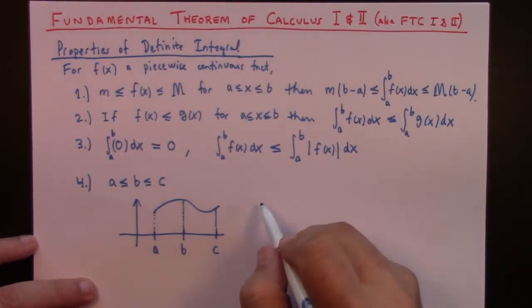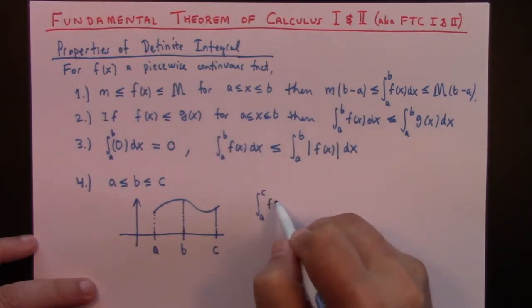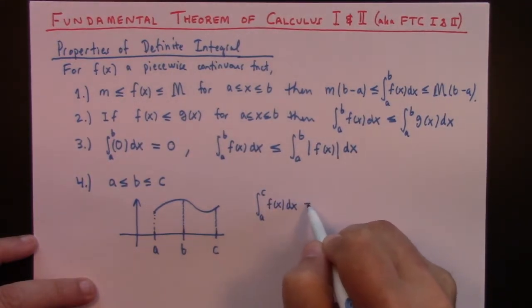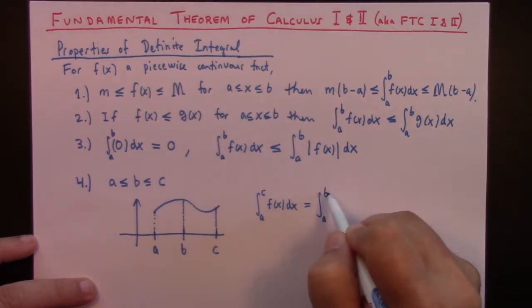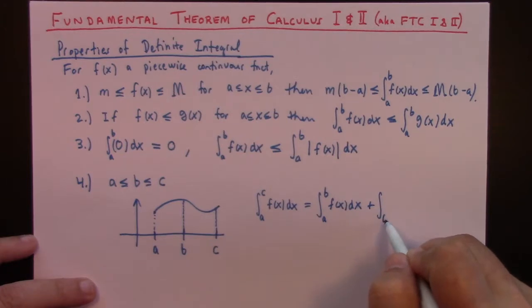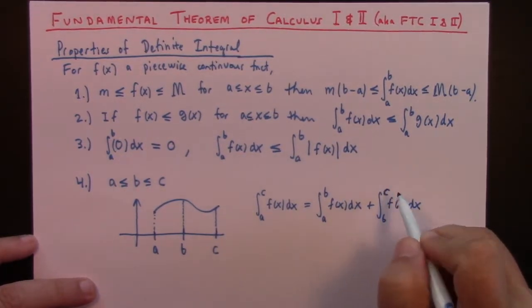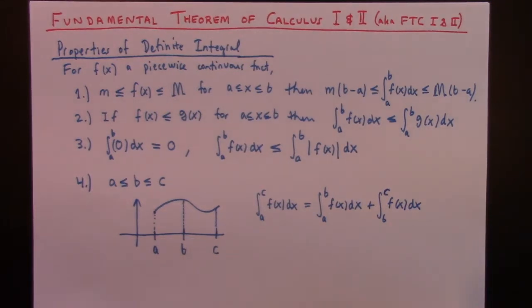So that gives us the identity, the integral from a to c of f of x dx is equal to the integral from a to b of f of x dx plus the integral from b to c of f of x dx. All right, so that's a good, important property of the definite integral to know.